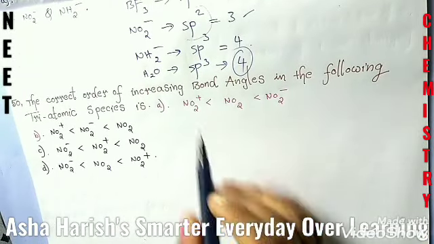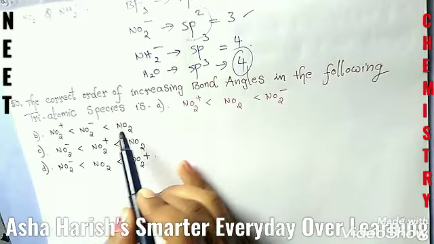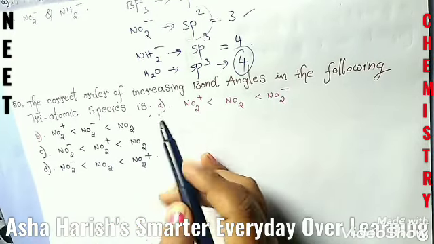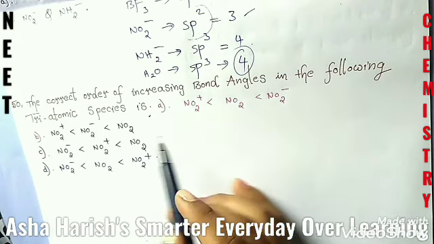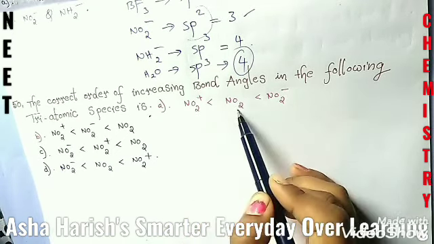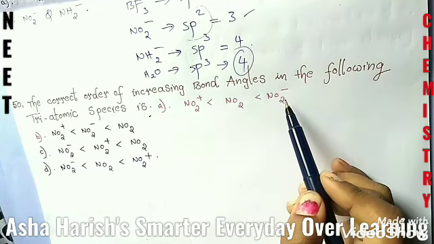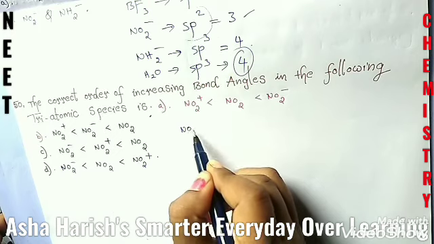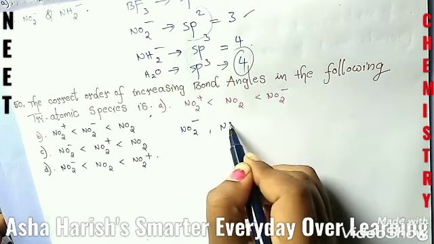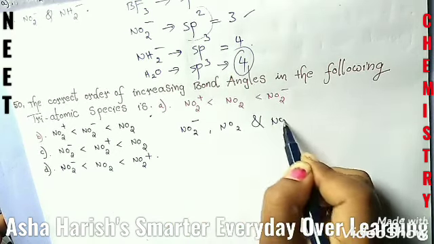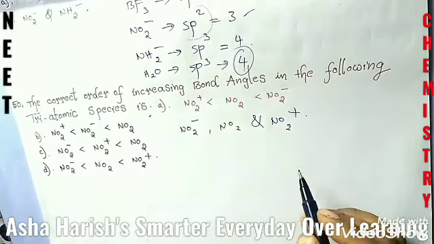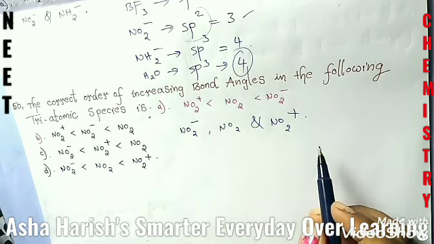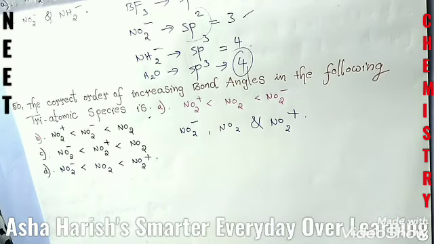The correct order of increasing bond angles in the following triatomic species. Okay students, for this, they have given NO2 plus, NO2 and NO2 minus. Let us see the structures one by one, and then based upon the bond angle we can find out which one is the correct one.